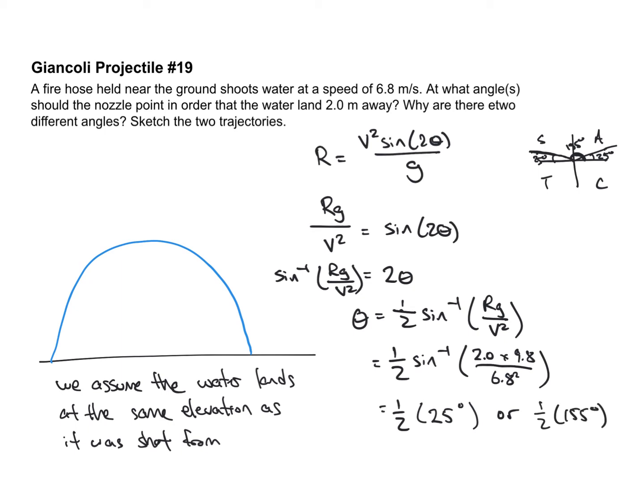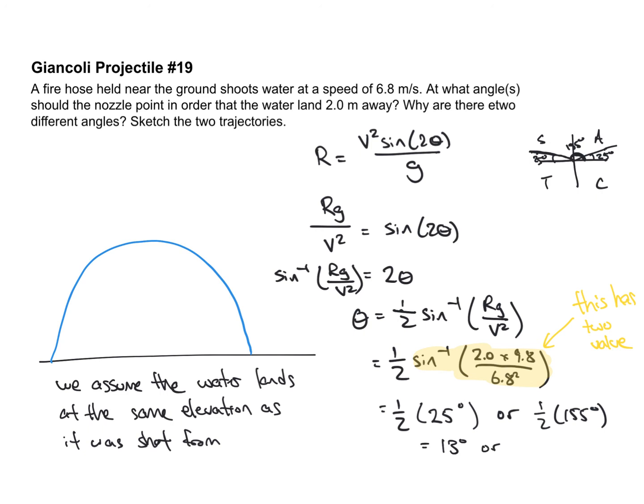Okay, so I'm going to highlight it in yellow. Sine inverse of something has 2 answers, or 2 values. Okay, 25 as well as 155. And then I'm going to apply the half there. So half times 25 is 12.5, which rounds to 13 when I'm doing significant digits.